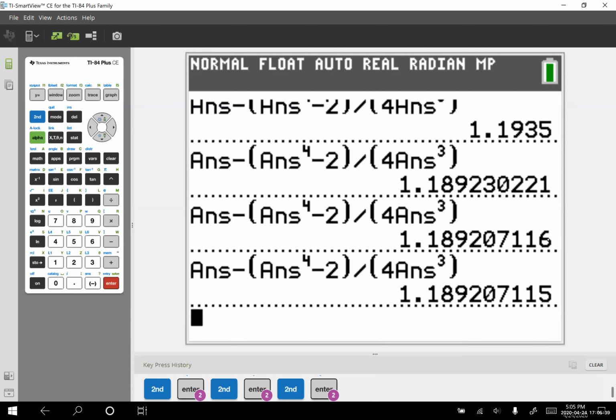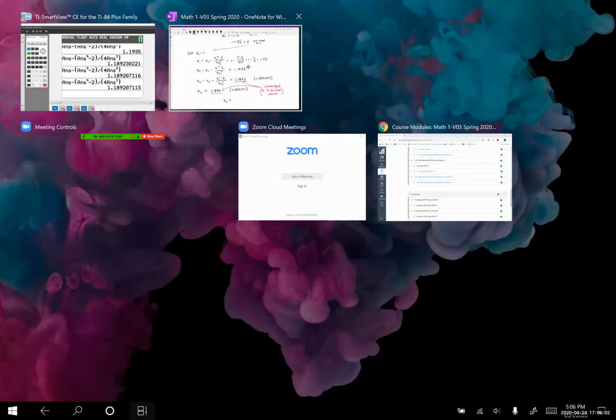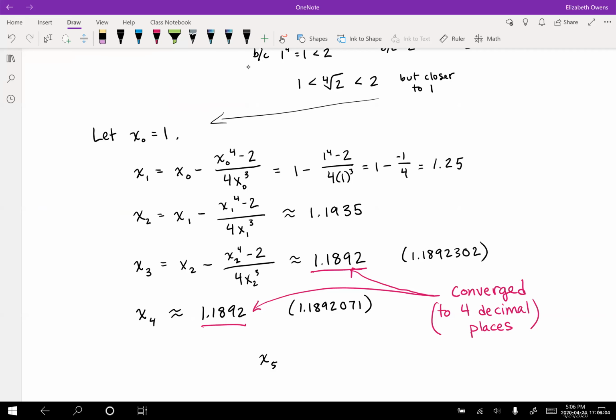So see, that is all good through 8 decimal places there. We have convergence after just getting to x sub 5. So Newton's method is pretty effective for a lot of problems. You can get convergence pretty nicely here. Okay, I'll erase that little x sub 5. That was just for fun there.